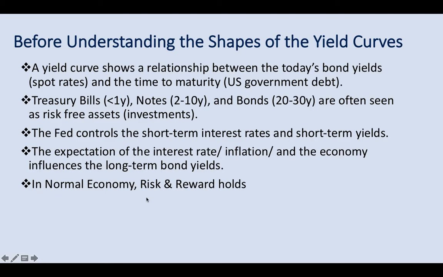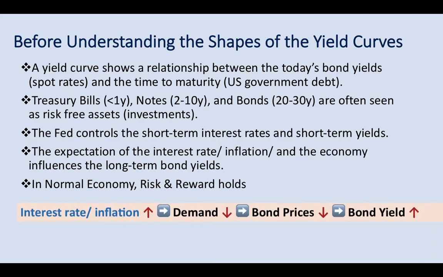In a normal economy, you always think risk and reward hold. If you buy short-term bonds, you should expect a lower yield than long-term bonds. That's the risk-reward. Duration matters: the longer the duration, the higher the risk. Say the interest rate or inflation increases.